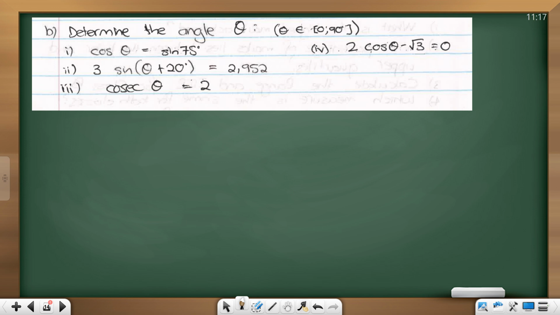We are told if theta lies between 0 and 90. Okay, number one. All right. Cos theta. No, you don't need a table here. Sine 75 degrees plus special angles. Now, what is sine 75? Use your calculator for me, your calculator for sine 75. We're going to write at least 4 values.